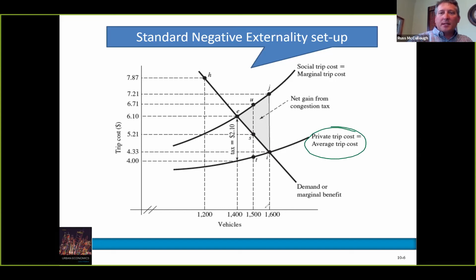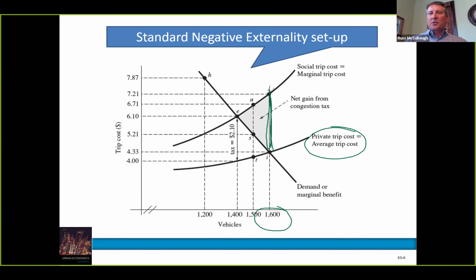So when there's 1,600 people on the road, that is the amount of extra cost you're adding, going back to the definition that we started off with, you're imposing an external cost on a third party not directly related to the reason why you're on the road, right?